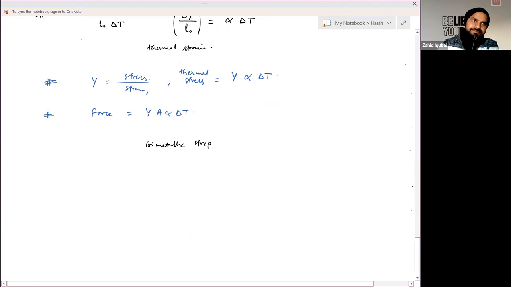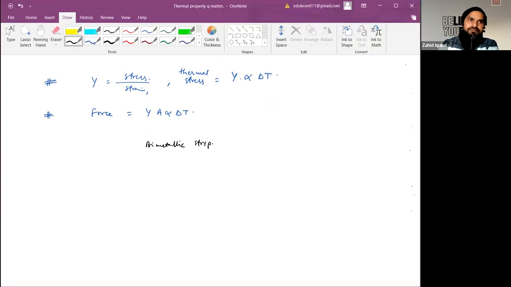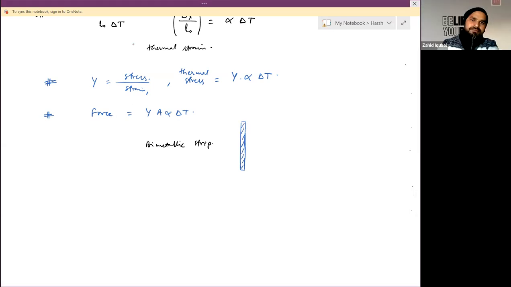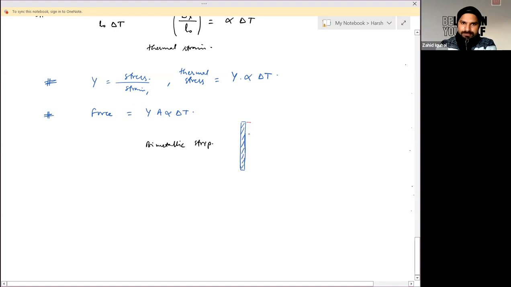Suppose you have a rod, this, another rod, this, attached at some lower temperature, let's say T0.